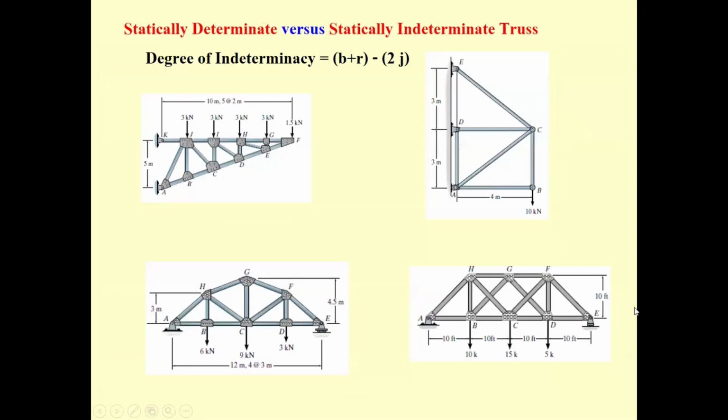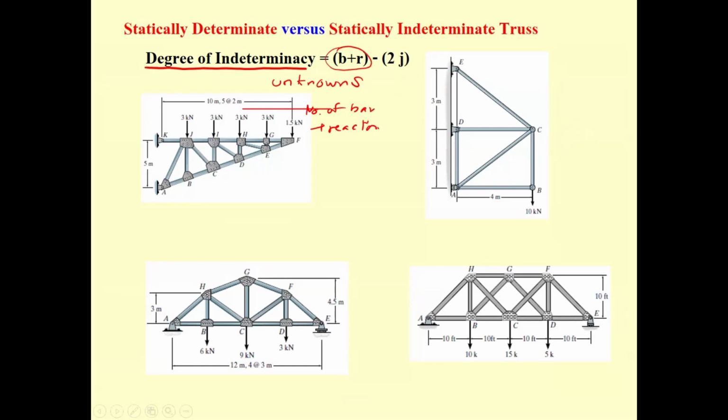Now, in conclusion, the degree of indeterminacy of the truss can be checked from b plus r. This is the number of the unknowns, the number of bars plus reactions, and then compare it with the term 2j.